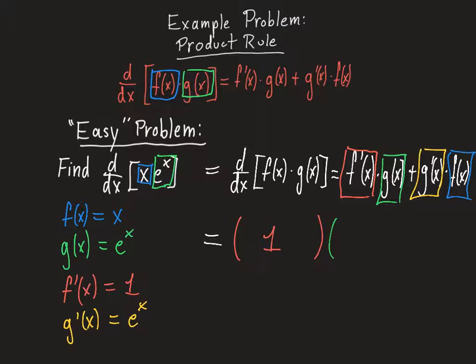We are multiplying this by what I color-coded in green, which is g of x, and that's equal to e to the x. Next up, we have an addition, followed by what we've color-coded in yellow, which is g prime of x, which is equal to e to the x. And last but not least, we have what I color-coded in blue, which is f of x, in other words, x.